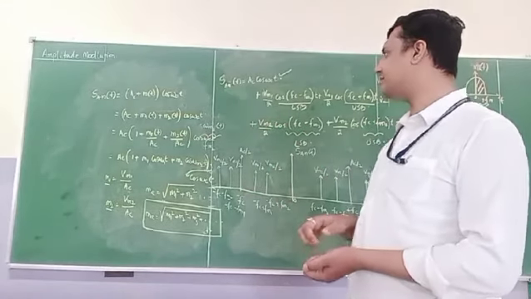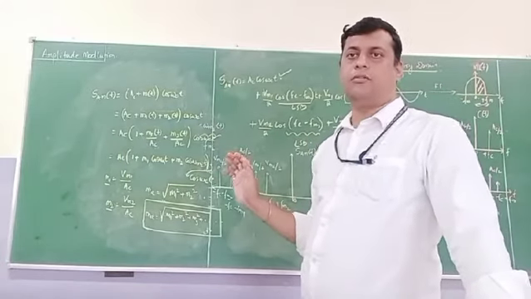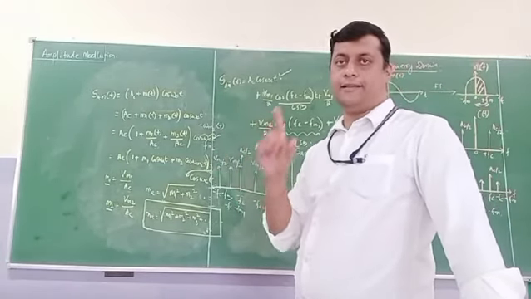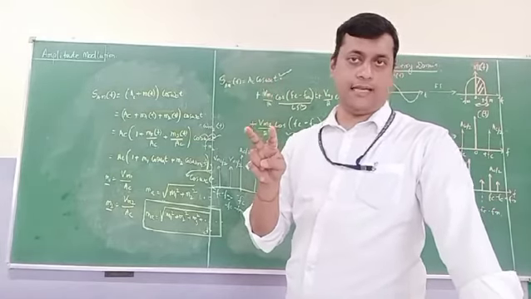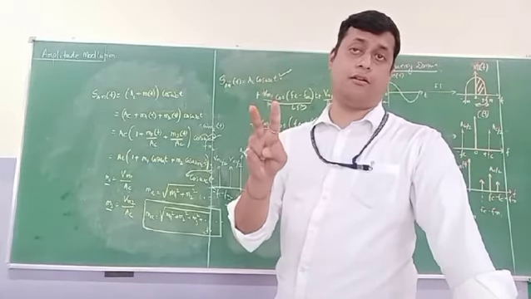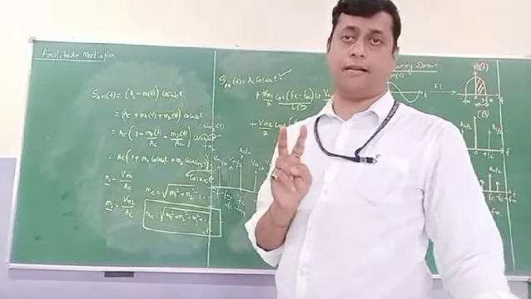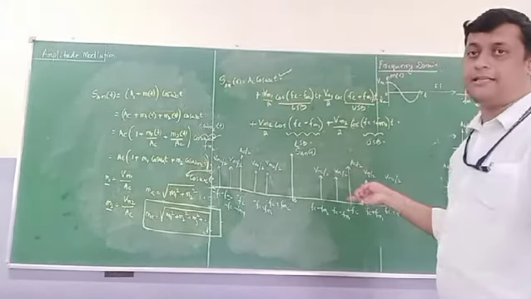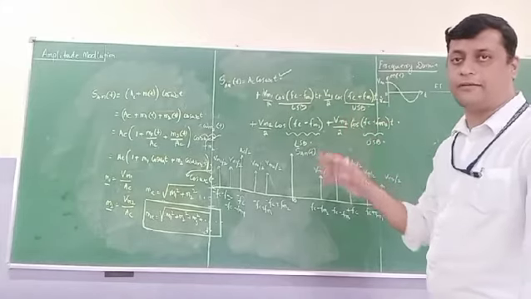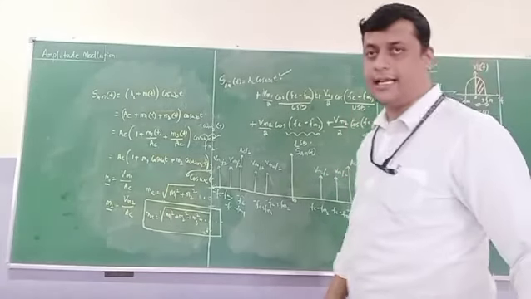These are the simple relations with respect to the modulating signal, for a single tone, and for a multi-tone signal where more than one modulating signal or frequency component is available, and how to represent those sidebands or modulated signal in the frequency spectrum.